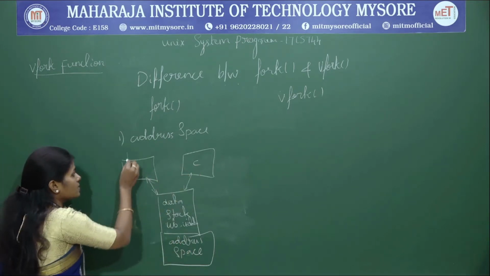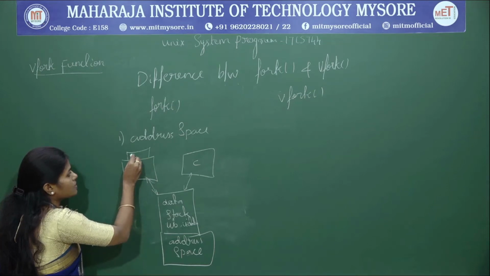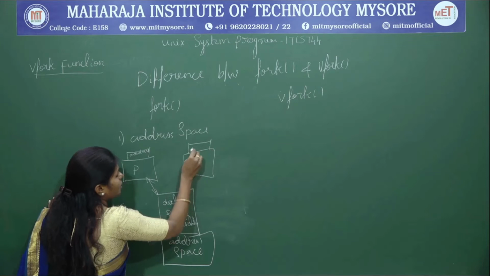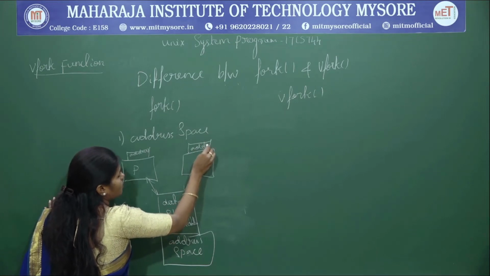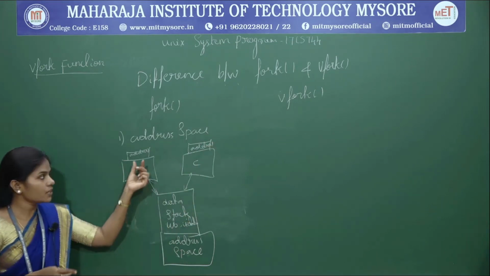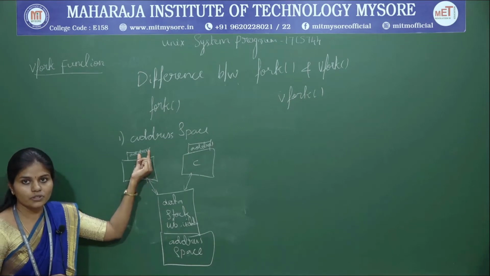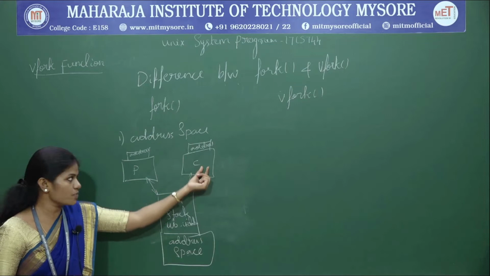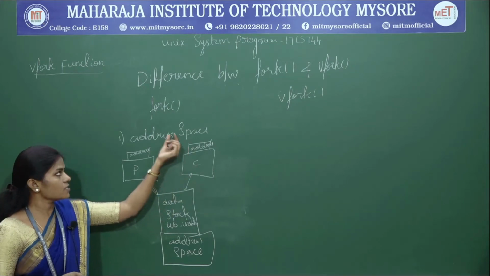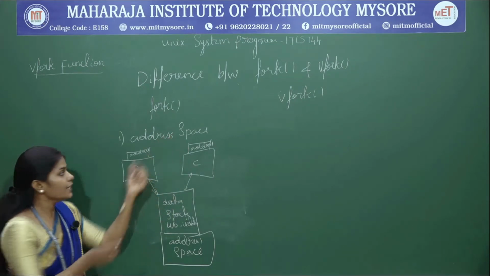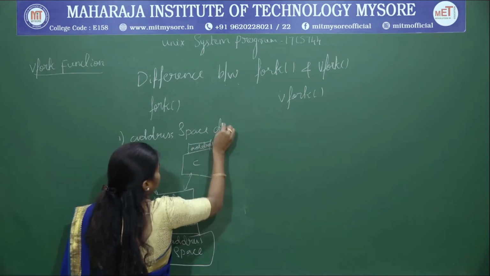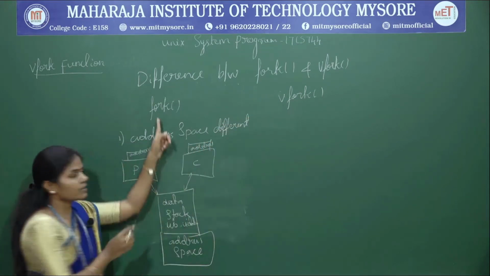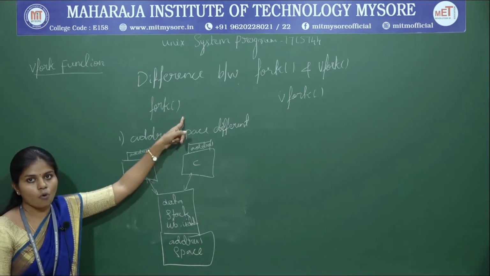The parent has a separate address space and the child has a separate address space. So whatever changes you make to a variable will not affect the variable present in the child. So the address space is different in the fork command.